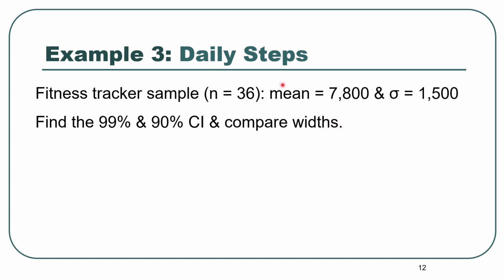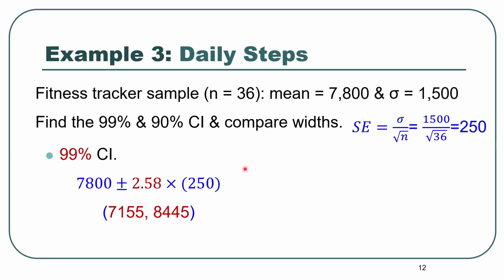So the first step here is to make sure that n is large enough. So n is over 30, which is large enough, and we want to put the formula for the confidence interval and see what is the width of each one of these two confidence intervals. So the SE is again sigma over the square root of n, which will give me 250.